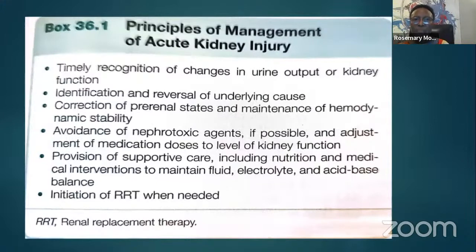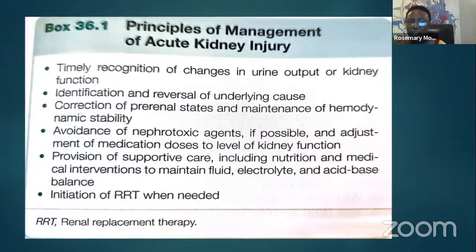Now, principles of management of acute kidney injury. It is important to recognize the changes in the urine output or the kidney function timeously, and then identify and reverse the underlying cause. Next will be correction of the pre-renal states and maintenance of your hemodynamic stability.